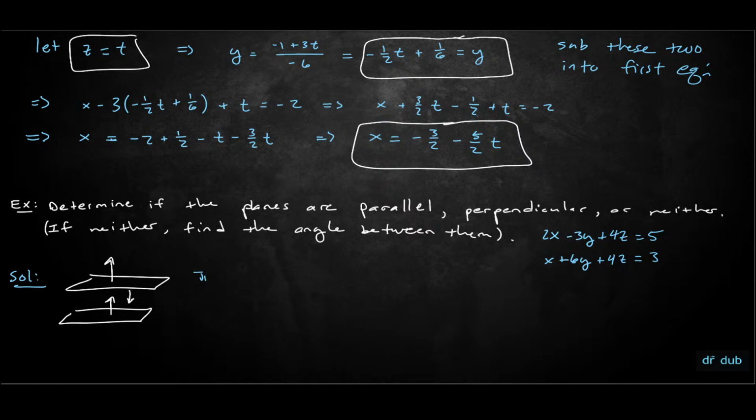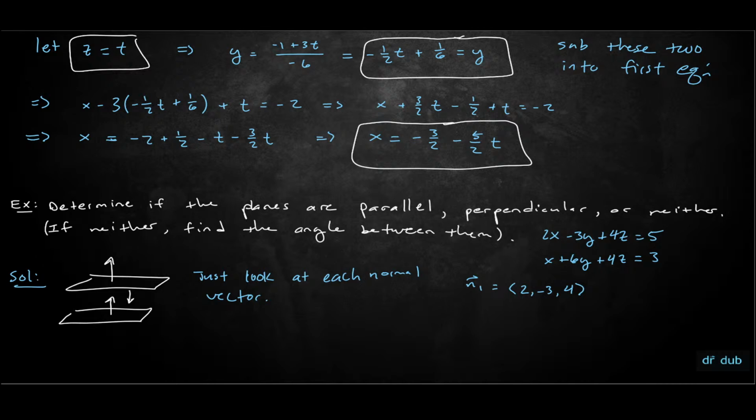So just look at each normal vector. So n1 from the first plane is the vector 2, -3, 4. We talked about that last time. If you know the plane equation, you automatically know the normal vector.